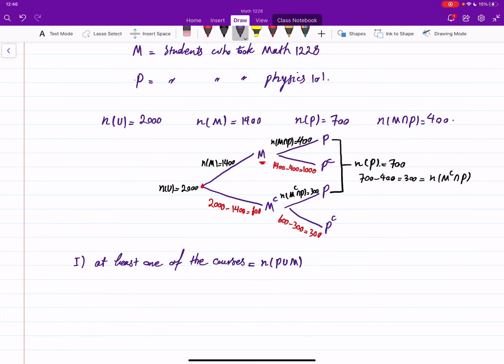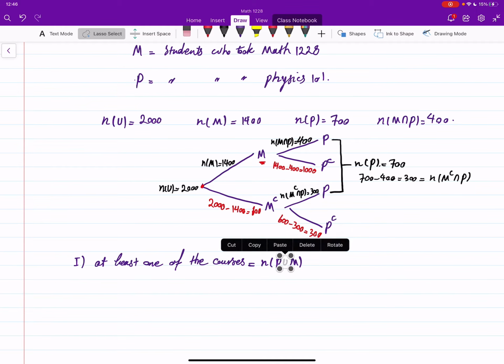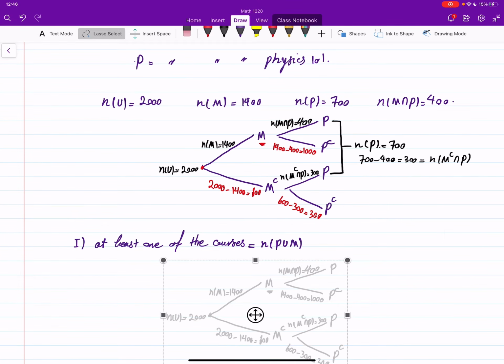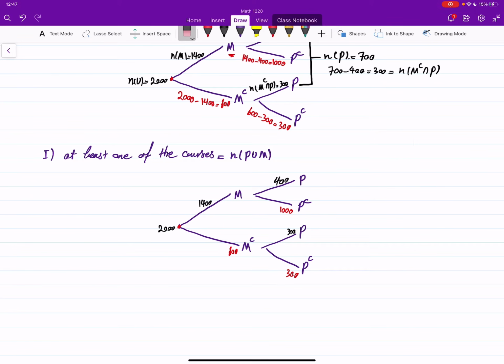And for the union, you find all the paths which have either P or M. Let me just copy the tree, because I want to paste it and I don't need all the extra information there.